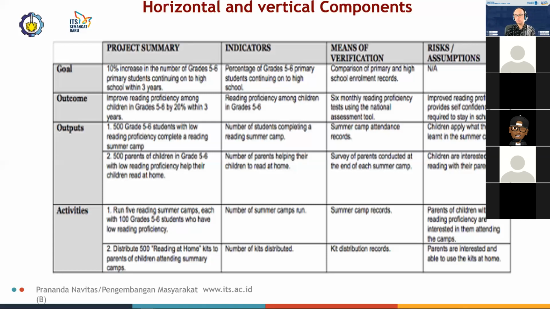So what they had in mind is, okay, we can't do this in a year or two, so let's try to increase the number of elementary school level graduates who continue on to high school. So within 3 years, let's see if we can get a 10% increase in the number of students who continue to high school, for example.